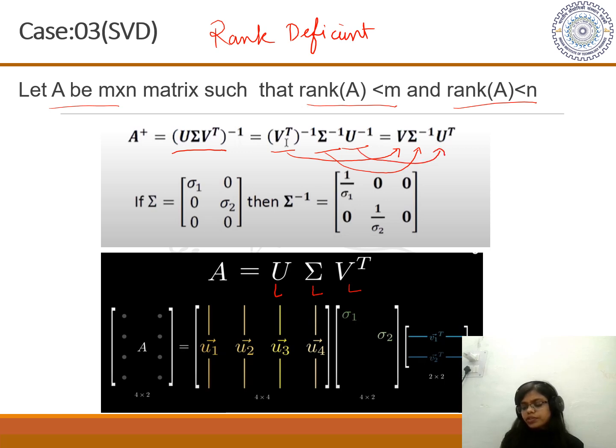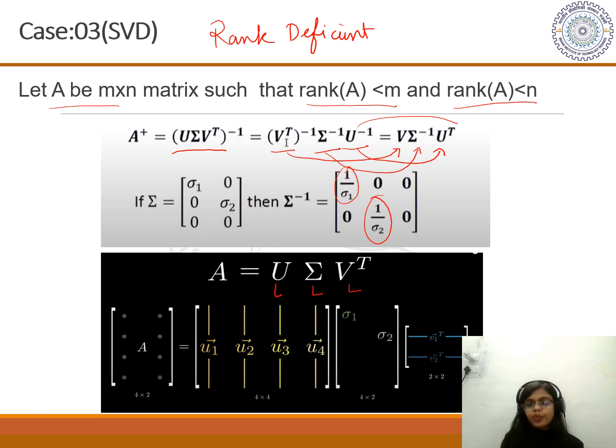U inverse is equal to U transpose because we saw that U is an orthogonal matrix, and the transpose of an orthogonal matrix is equal to its inverse. Here, for inverting the diagonal matrix sigma, we just take the reciprocal of its diagonal values.